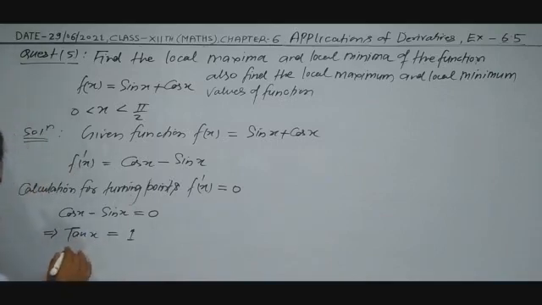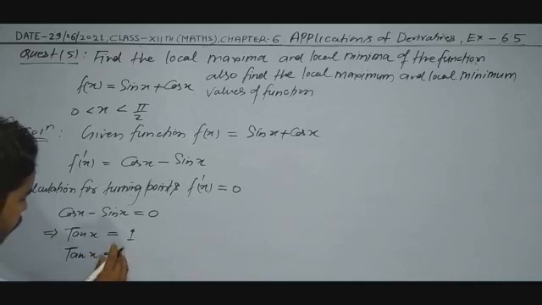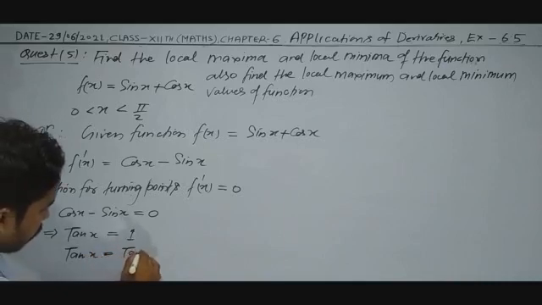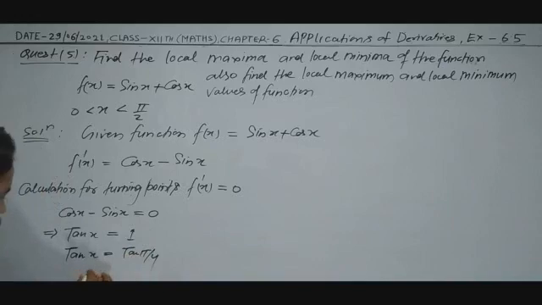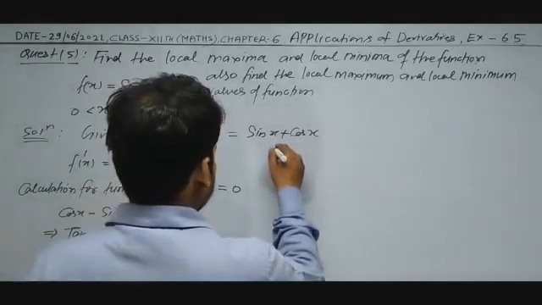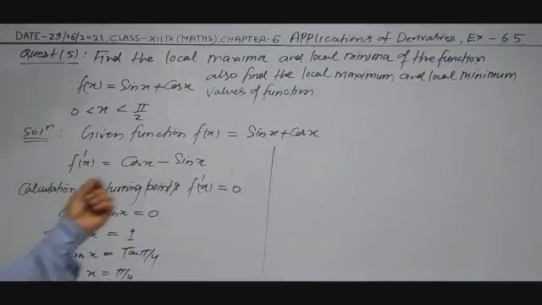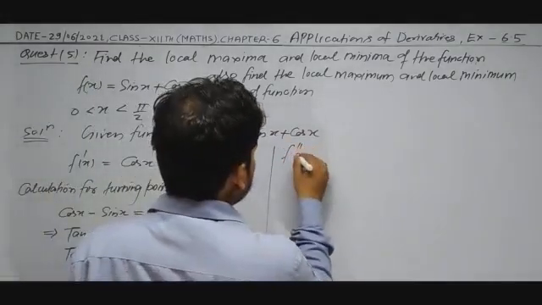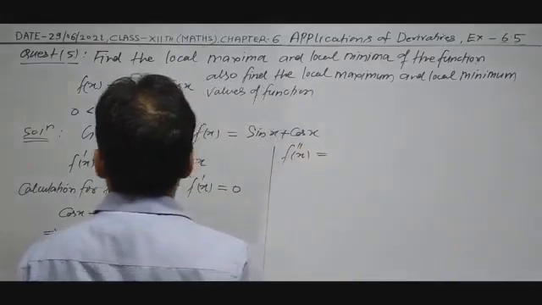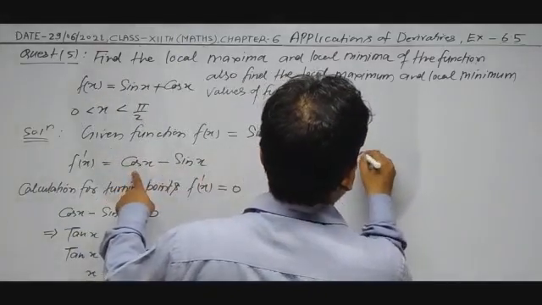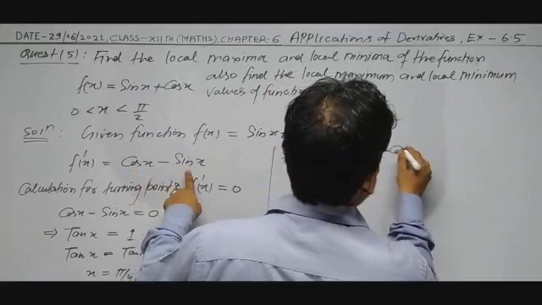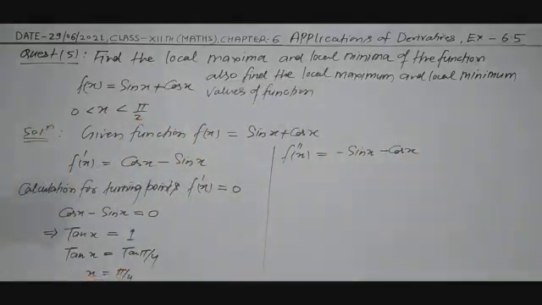This shows if tan theta is equal to tan alpha, therefore theta is equal to n pi plus alpha. So you can write x is equal to pi by 4, and pi by 4 lies between 0 to pi by 2. So now you have to calculate f double dash x. So the f double dash x value will be minus sin x minus cos x, and we have a single turning point, that is x is equal to pi by 4.